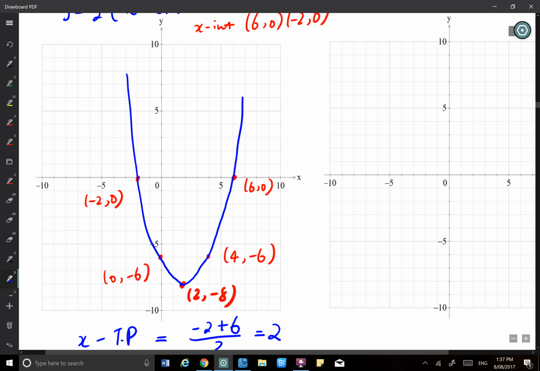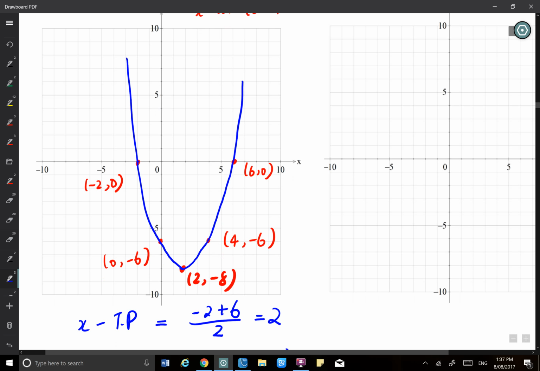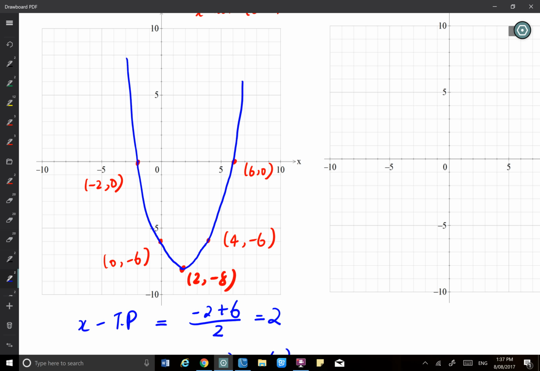Okay, that's the graph. We have 2 x-intercepts, 1 y-intercept, and 1 turning point.